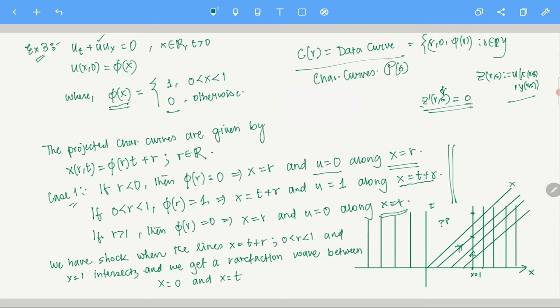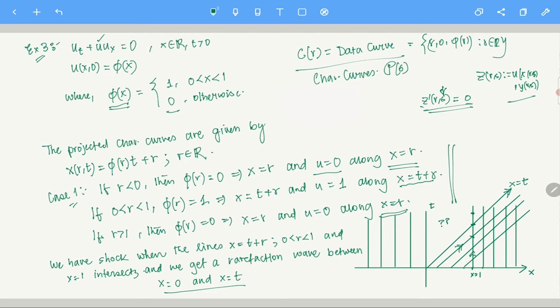Clear? This is the x equals t line. So between x equals t and x equals 0, there is a rarefaction wave situation going on. Of course, this also intersects somewhere; up till t less than or equal to 1, there is no problem. After that it intersects, so you have to deal with all of these issues. So let's do that.